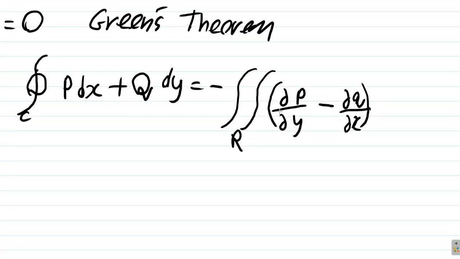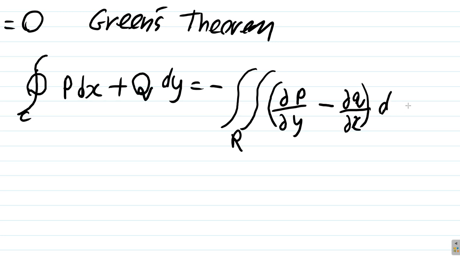So as P changes horizontally, how is it changing with the vertical? And as Q changes vertically, how is it changing with the horizontal? Alright? So P is horizontal, y is vertical. Q is vertical, x is horizontal, alright?